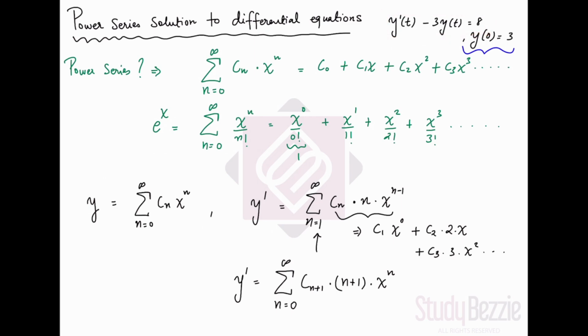Because this differential equation is an autonomous differential equation, we already know that the solution y of t must somehow look like an exponential function. So given that information, we can try to see the exponential function's power series in the expression that we have.